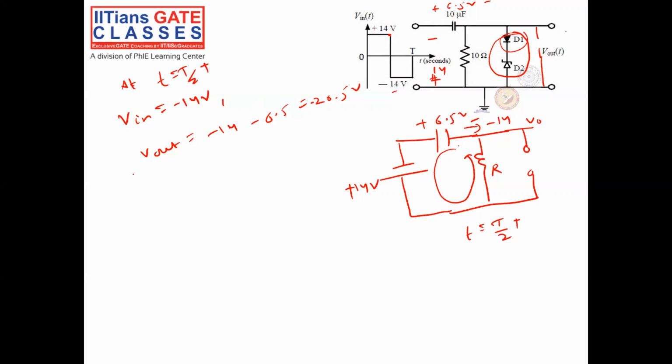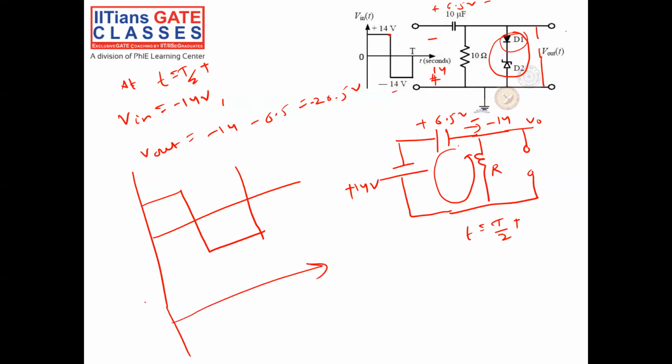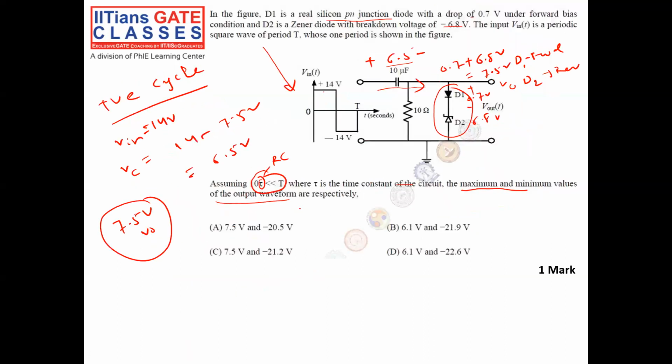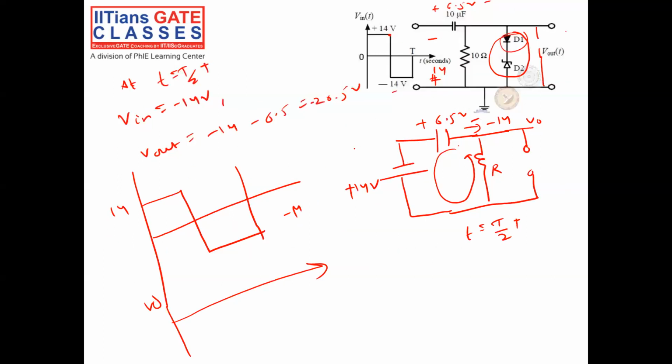Okay, so if I want to draw the output, this is my input. If I want to draw my output here, this is plus 14, this is minus 14. During positive half cycle, my output is constant at 7.5, constrained by these two diodes.